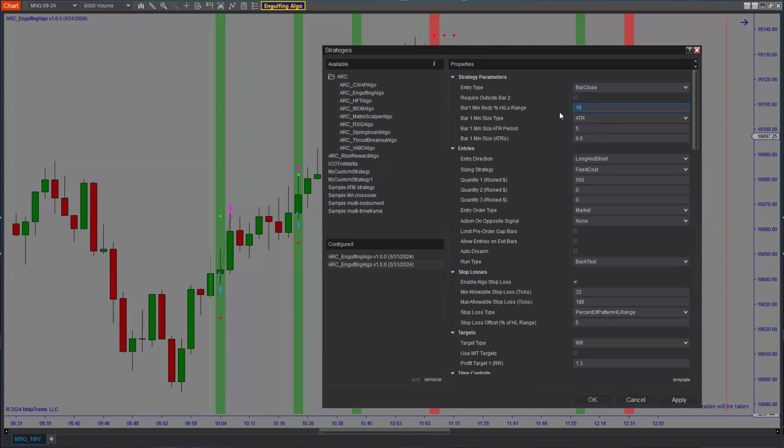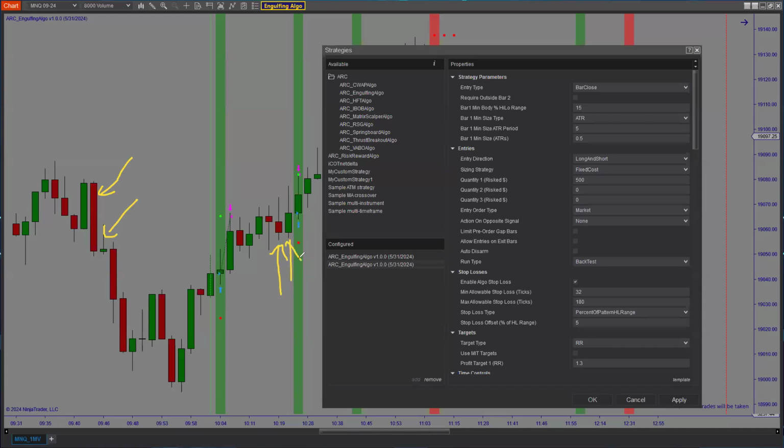So, bar one body size. This is similar, for those of you familiar with thrust bars and base bars. A thrust bar is mostly body, and a basing bar is mostly wicks. So you could look at it that way. What this is doing is saying, what percent of bar one, the bar that got engulfed, right? There's bar one, there's bar two.